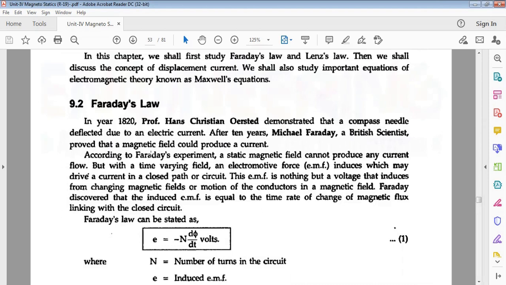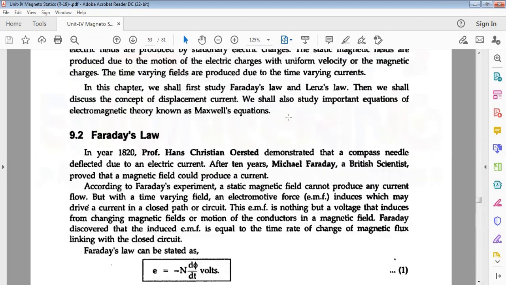So what is Faraday's law? According to Faraday's experiment, a static magnetic field cannot produce any current flow. But with a time varying field, an electromotive force is induced which may drive a current in a closed path or circuit.